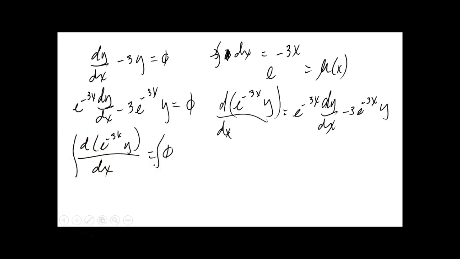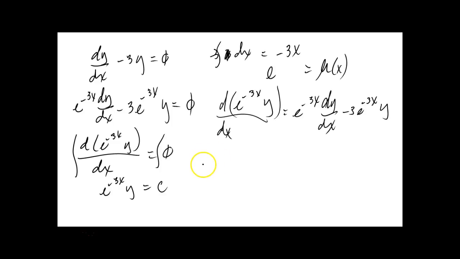You integrate a perfect derivative, and you get the function. So your answer here is going to be y times e to the minus 3x. You integrate 0 and you get a constant, exactly. And guess what, folks? That's your solution.